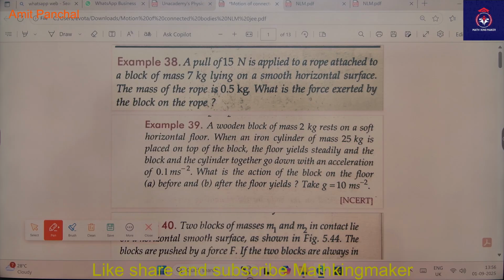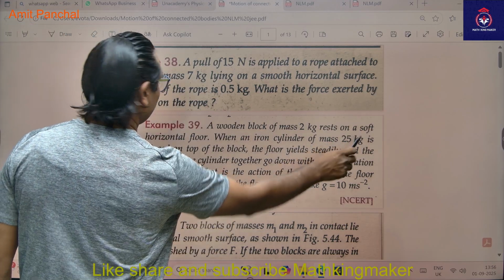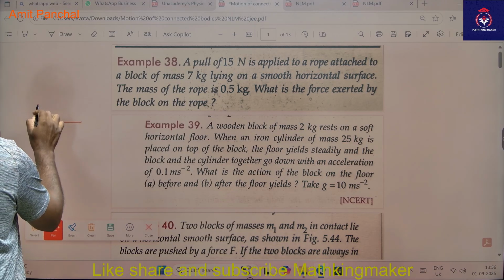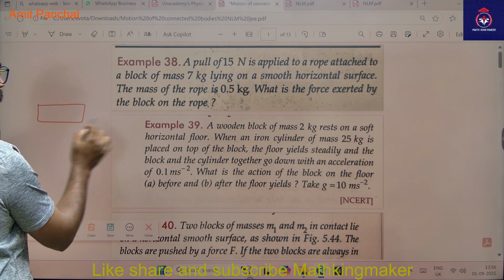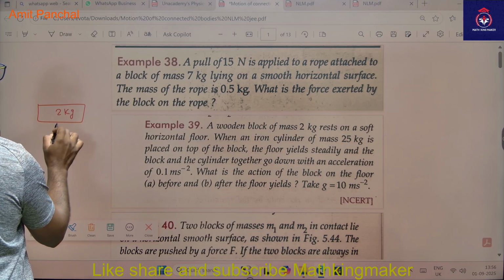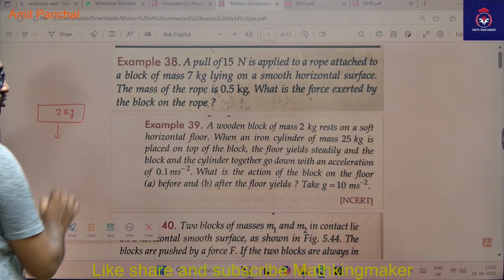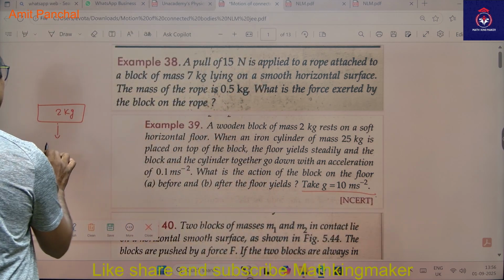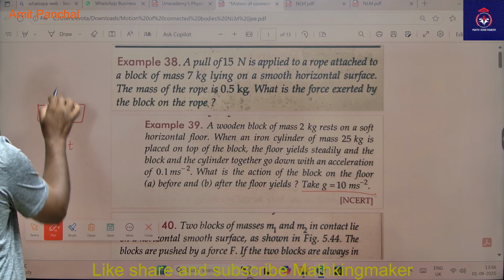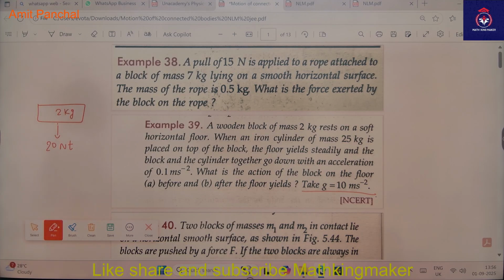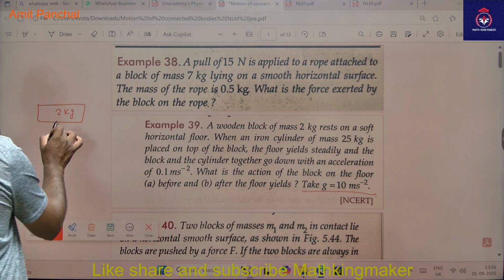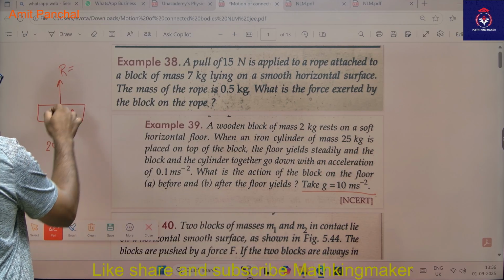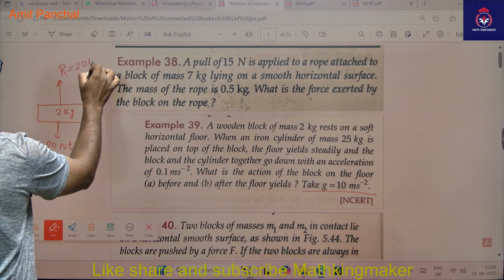So the question is, a wooden block of mass 2 kg rests on a soft horizontal floor. This is a wooden box, and its mass is 2 kg. So how much will the weight be? If G is 10, it is 20 Newton, pointing downward. How much will the reaction force be? The reaction force will be equal to the weight only.